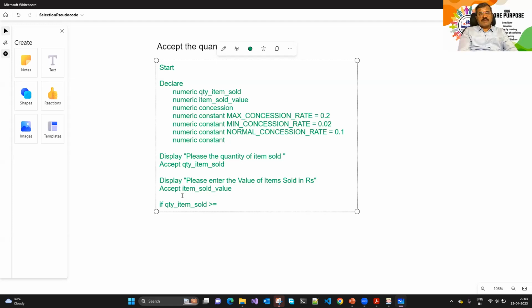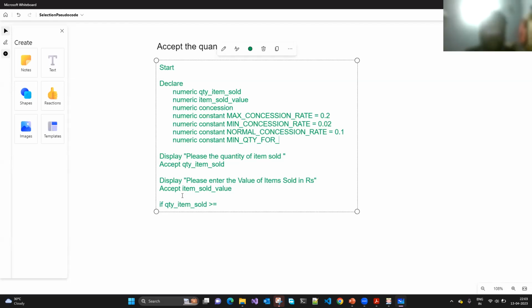What name will I give? Minimum quantity. It's minimum quantity. That can use a minimum quantity for items sold.